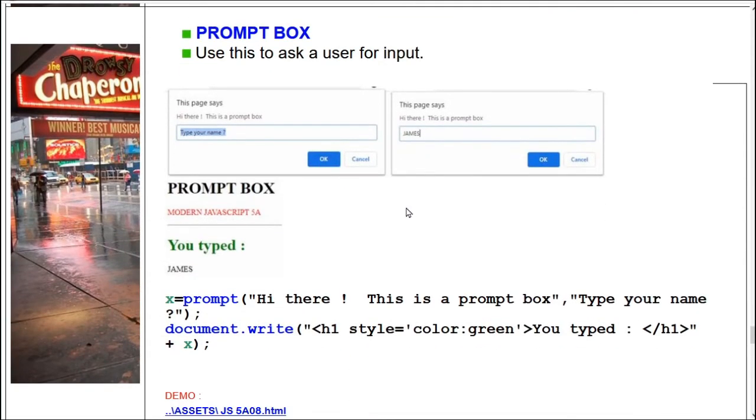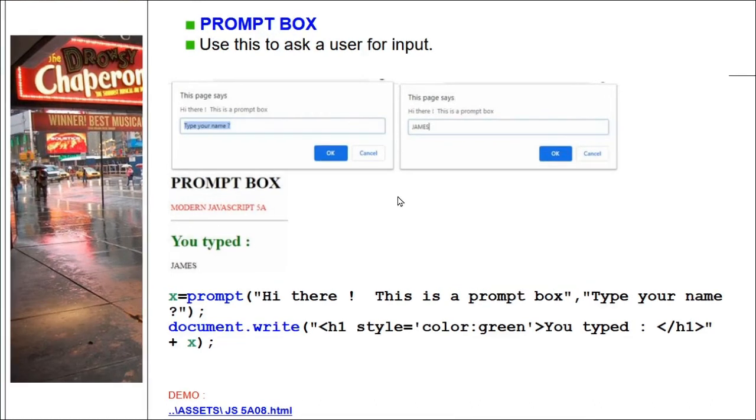Okay, we're moving on to the prompt box. The prompt box is used to ask a user for input, and the way this is done is like this. You get a dialog box saying, this page says, hi there, this is a prompt box.